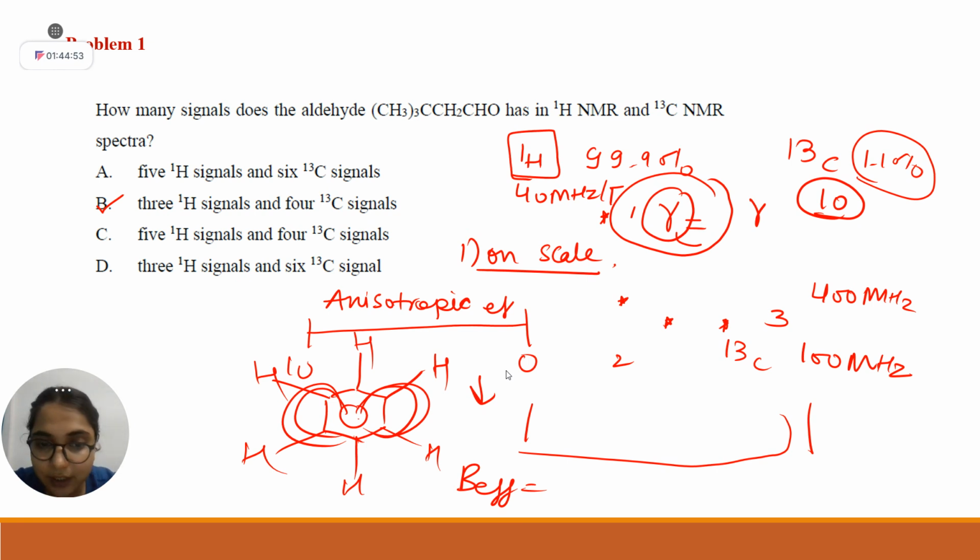Logically, benzene has electrons, so it should shield these hydrogens, but instead of shielding they are de-shielding. Why? Because the ring current is in the opposite direction and can't align with your magnetic field. Yes or no? Yes, ma'am.